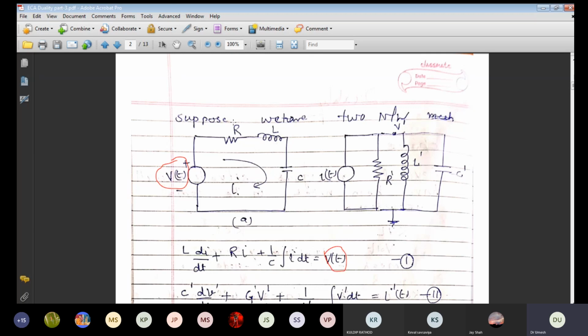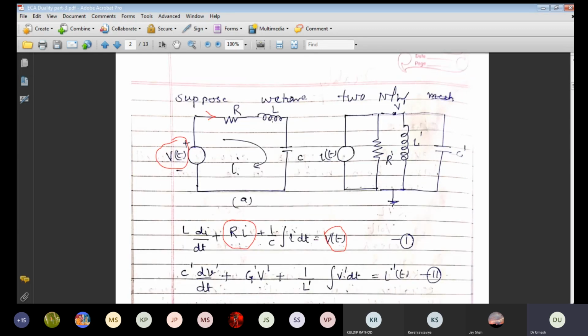So I have to write the equation: V(t) is equal to R into I, the current through the resistor, assuming the direction of current. Kirchhoff's voltage law says that total voltage is equal to the voltage drop across the circuit. So this is Ri.